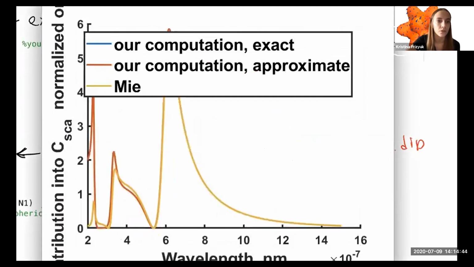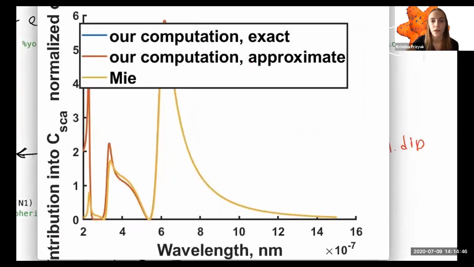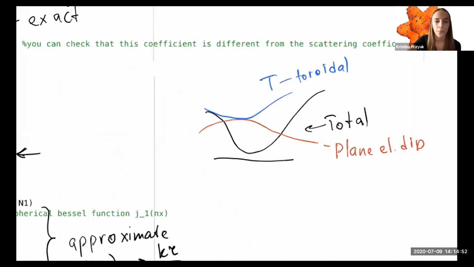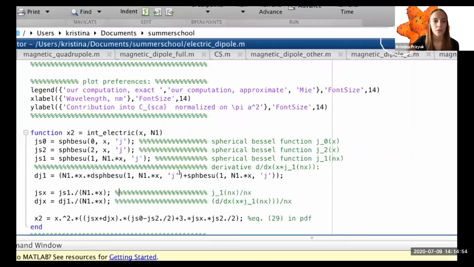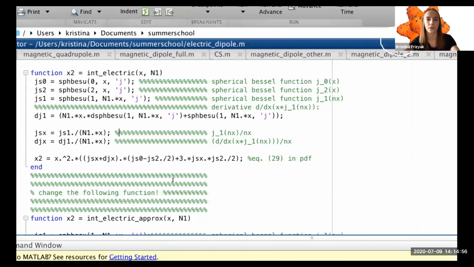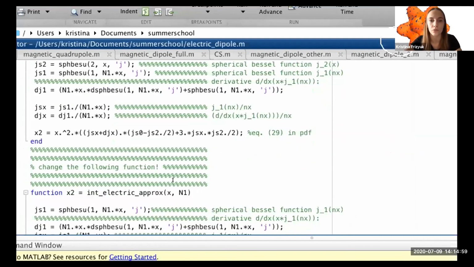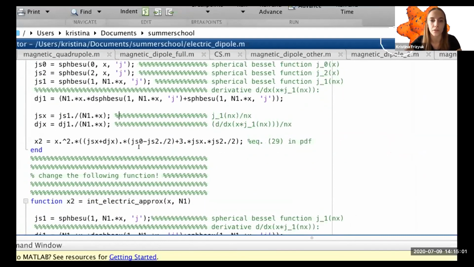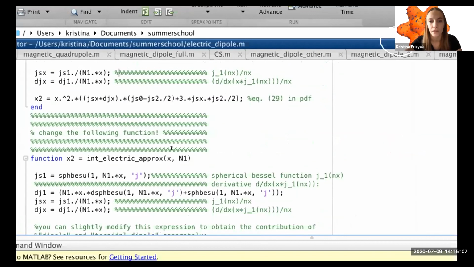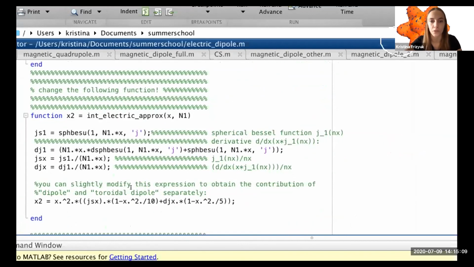Thank you. But here, I think I don't see the blue line. So maybe you're right, but something disappeared. So in case, actually I can do it. I can show how to plot the contribution of a toroidal dipole and electric dipole separately. Here you have an approximate formula.